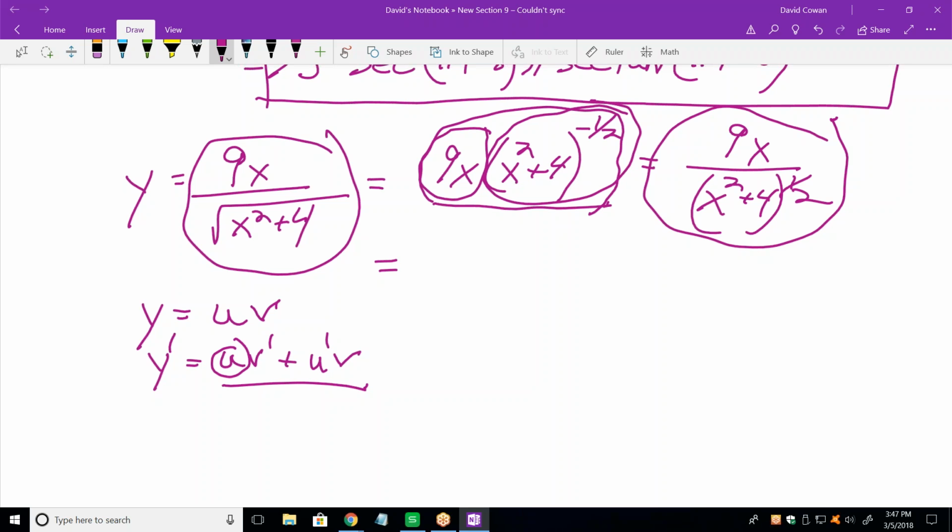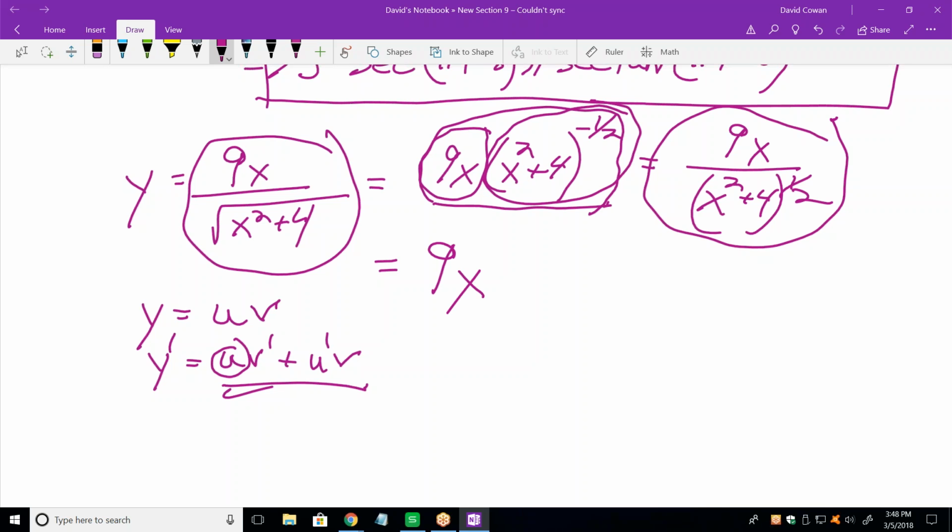Even though you could start with u prime times v and add it to the reverse, if you always start with u, I guarantee you'll find it easier. In this particular problem, we don't sit there and spend a minute trying to figure out which one we should differentiate first. Just start with u.